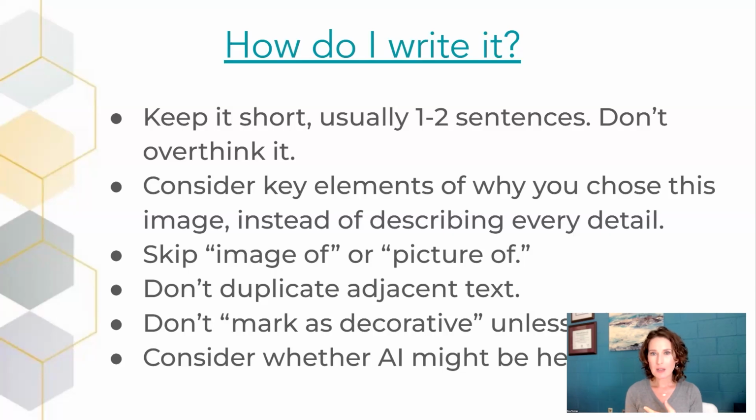Even though it can sometimes seem like a mind reader, it's not. So really be discerning when you're looking at an AI-generated suggestion. You might use it as a starting point if that's part of your workflow, but I wouldn't just assume, oh, AI can take care of this, check, check, check, and move on.